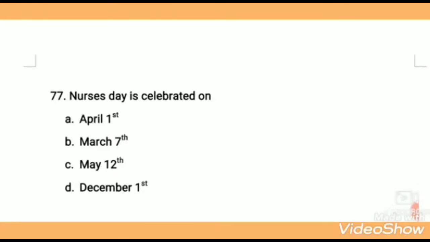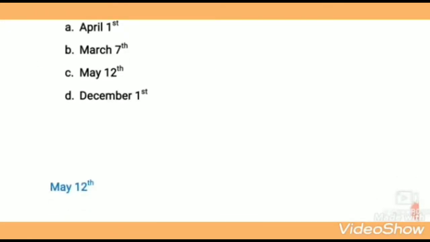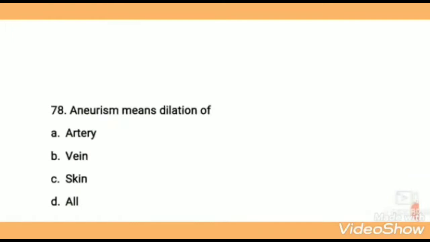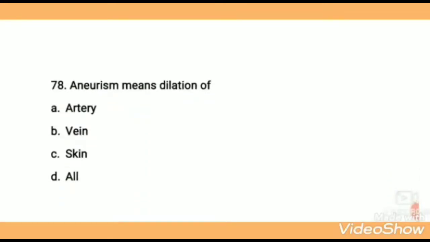So, the correct answer, Nurses Day is celebrated on May 12th. Next question. Aneurysm means dilation of artery, vein, skin, or all. So, the correct answer, aneurysm means dilation of artery. Next question.